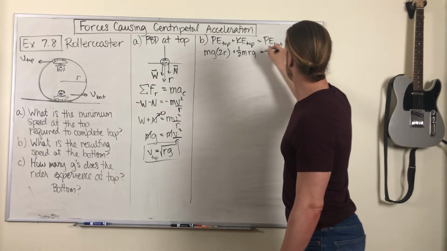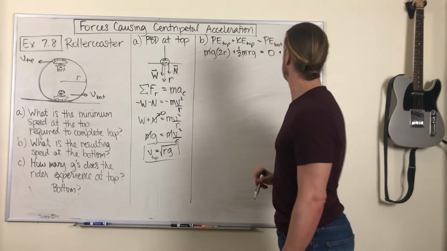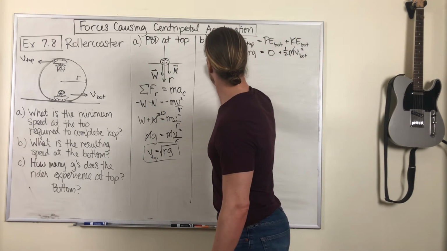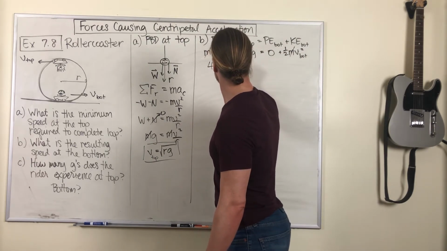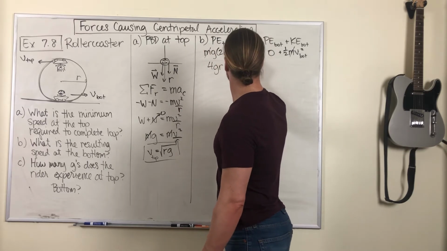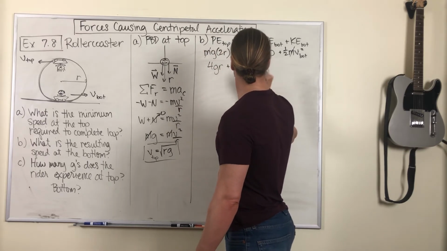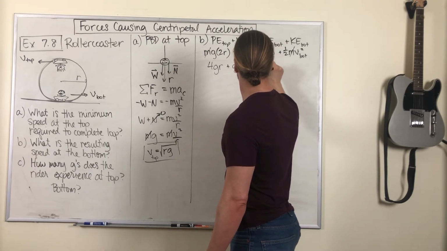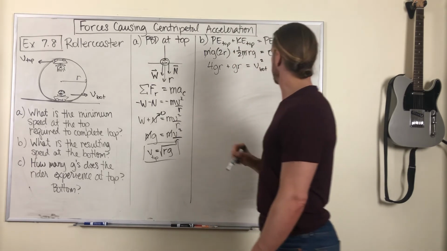All these m's cancel. We can multiply everything by 2, so we have 4gr plus gr equals v at the bottom squared.